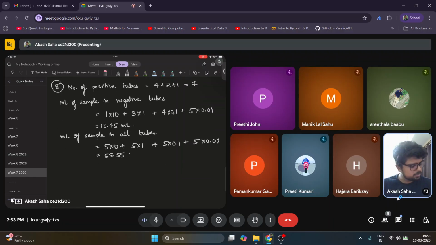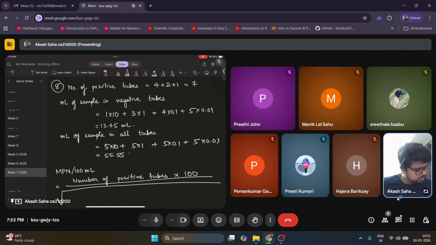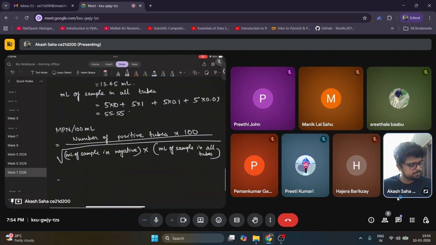Okay. Now as per the Thomas equation, the MPN per 100 ml is given by number of positive tubes into 100 divided by square root of ml of sample in negative tubes into ml of sample in all tubes. Okay, so just put the values.